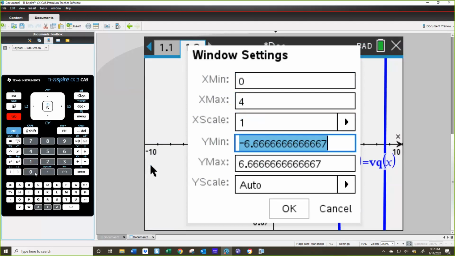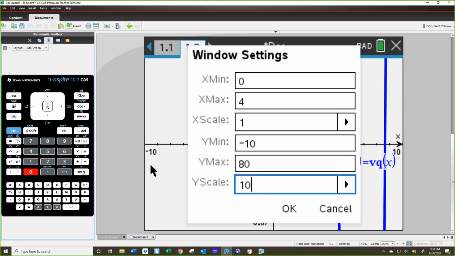And I think I did something like negative 10. And we want to go up to, I think it was, we could do negative 60 or whatever. We need to at least go up to 80. And I want to make a Y scale, which will be my tick marks on my Y-axis at 10.